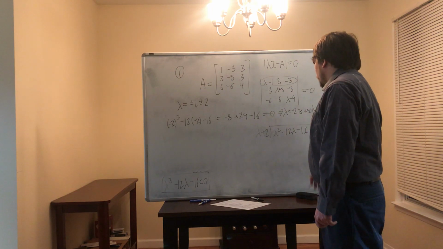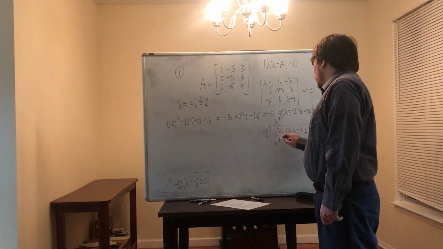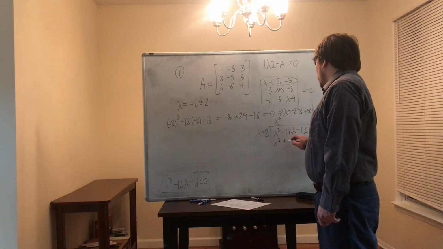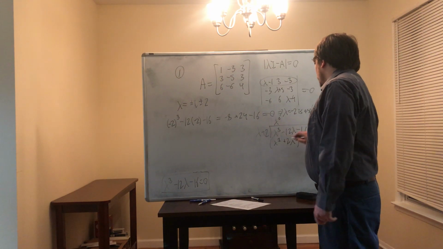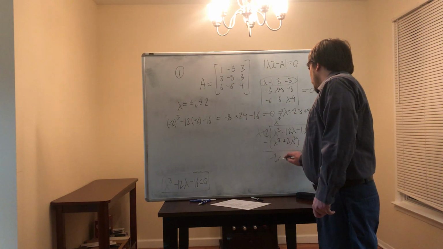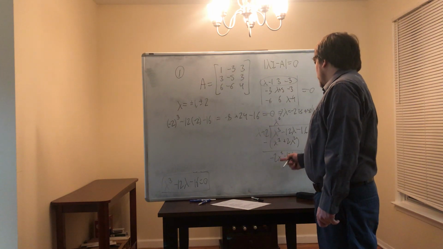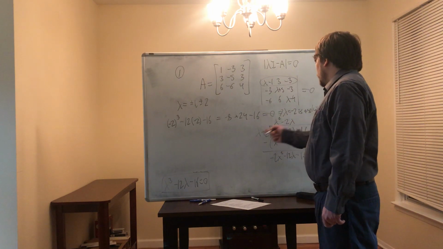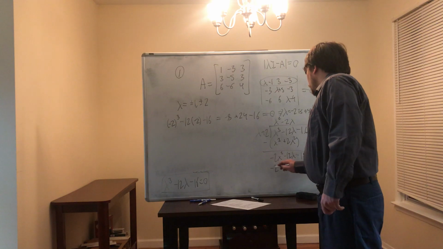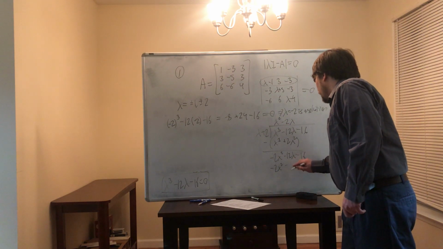Okay, I'm going to do long division. So you have lambda squared here. Lambda squared times lambda is lambda cubed. Lambda squared times 2 is plus 2 lambda squared. I'm going to subtract here, and the lambda cubes cancel. You get negative 2 lambda squared minus 12 lambda minus 16. Then the next term is negative 2 lambda: negative 2 lambda times lambda gives you minus 2 lambda squared, and negative 2 lambda times positive 2 gives you minus 4 lambda.